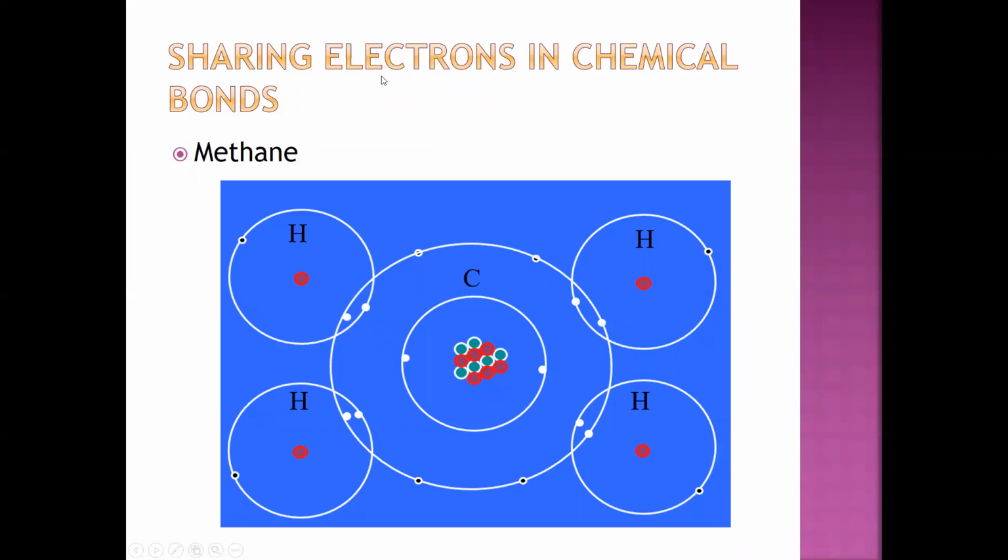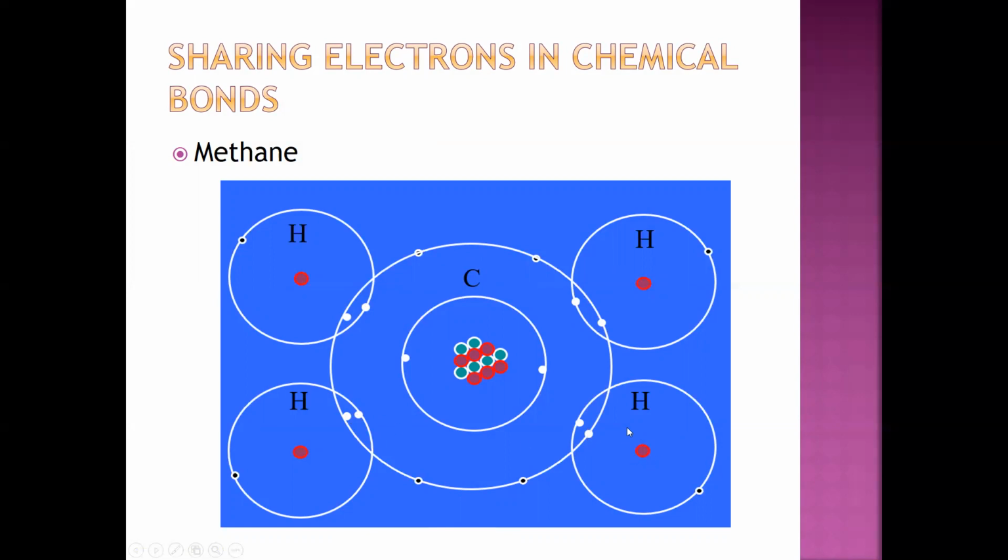And here's another example of sharing electrons. So carbon, remember I said it has 4 empty electron positions, so it shares 4 electrons. So that's why it bonds with 4 hydrogens like this. And then if this wasn't hydrogen, it might be another carbon or something else.